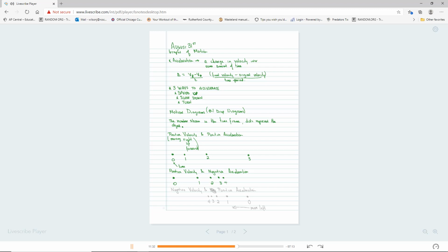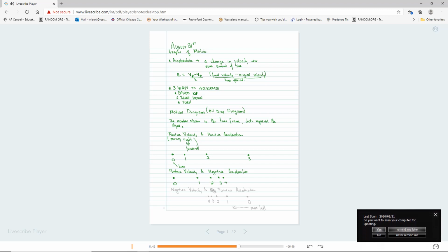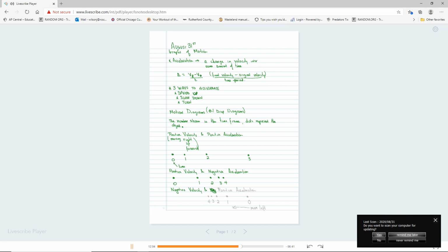Most people don't have any problems with those two. It's the other two that cause problems. It's the negative velocity and positive acceleration, and the negative velocity and negative acceleration that cause grief. So, negative velocity and, actually let's do positive acceleration first.